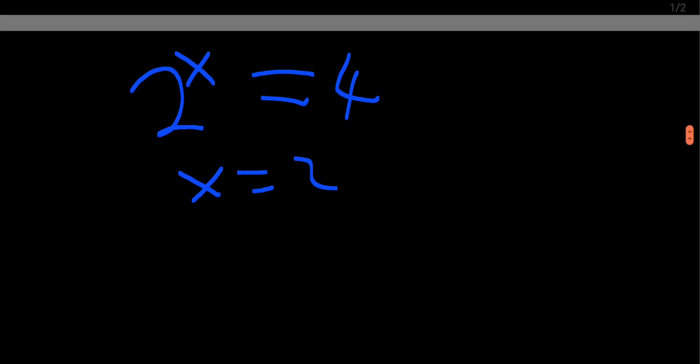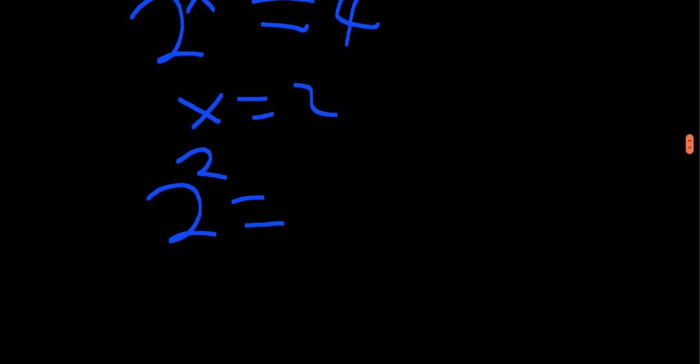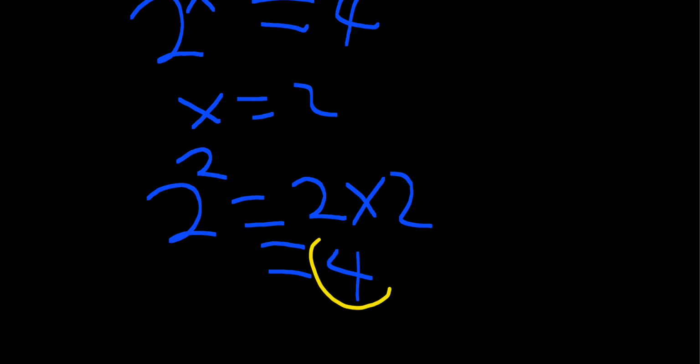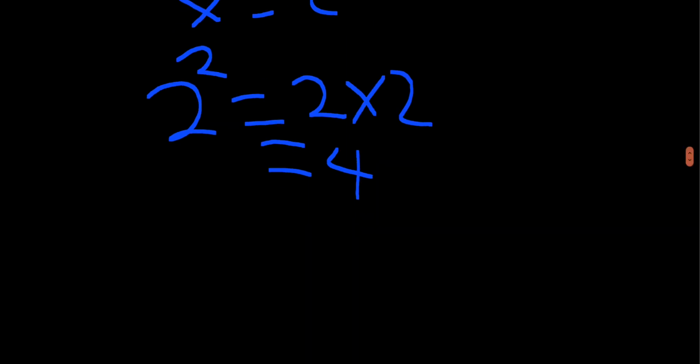So we are going to replace x with 2. This means that 2 to the second power, x is now 2. This is the same as 2 times 2, which is equal to 4. So as you can see, the answer we have here is the same as what is here. Clearly, our answer is correct.